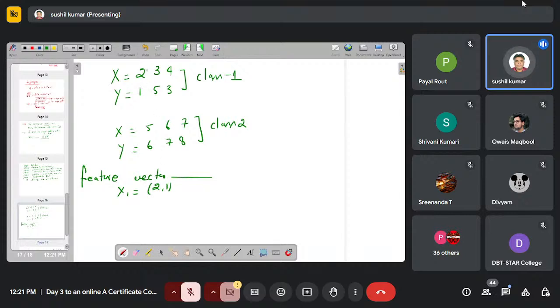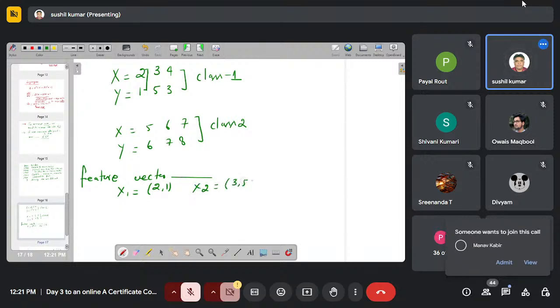I took this value from here and from here. x2 will be 3, 5. x3 will be 4, 3.